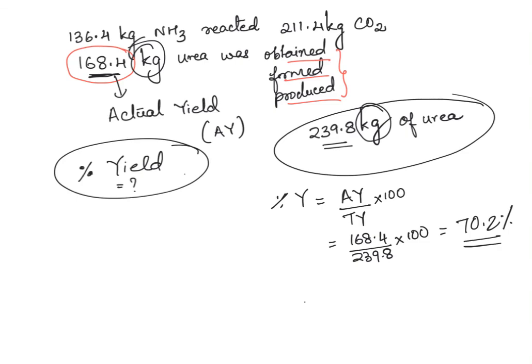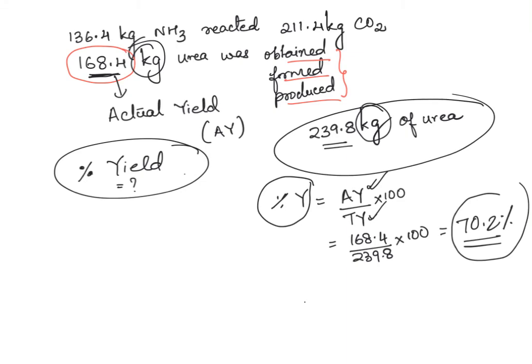So now, you could see this as a large problem where you have to work on this entire calculation, but not always. Sometimes you might be given both the actual yield and theoretical yield, and asked to find the percent yield. Sometimes you might be given the percent yield and one of these two will be missing, and you might be asked to calculate one of them.